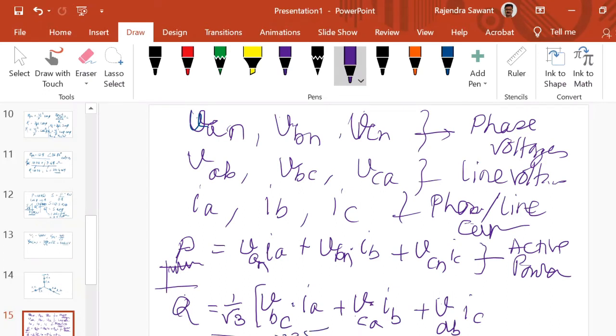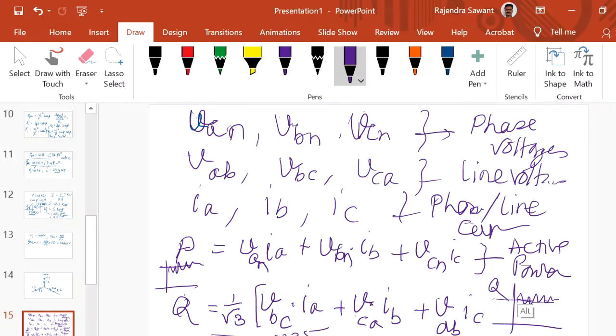This gives me a Q which is supposed to be a DC quantity if my load is balanced. And if the load is unbalanced, then I shall be getting oscillations in the Q waveform.